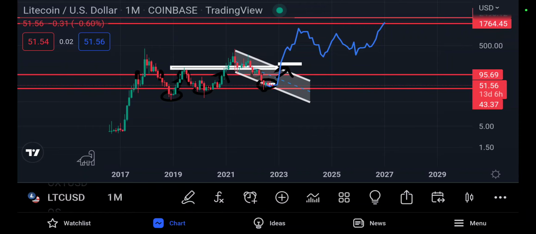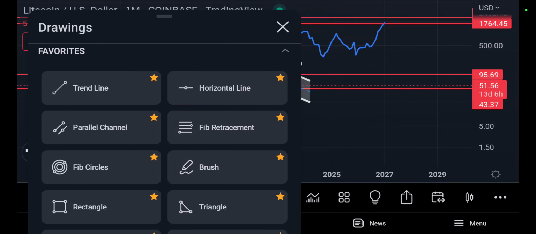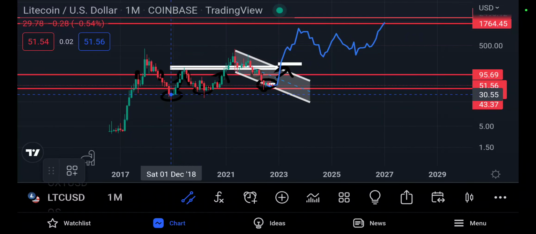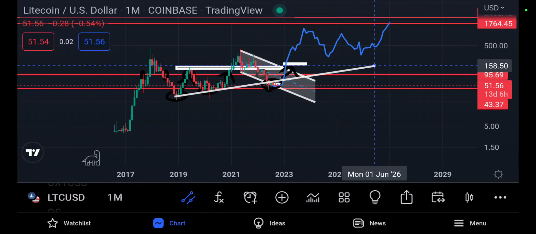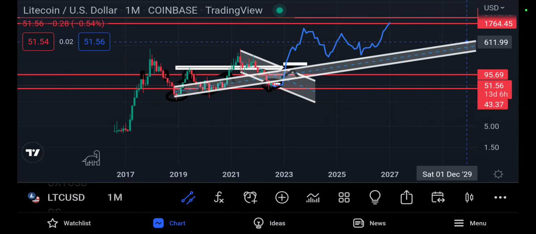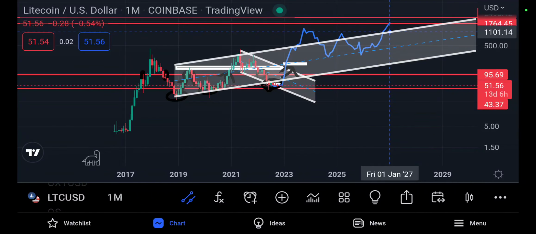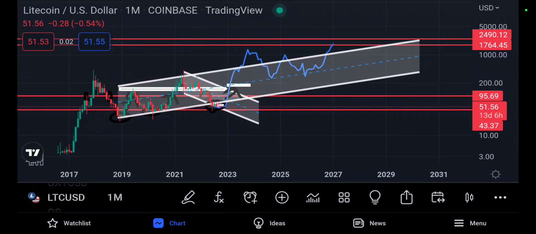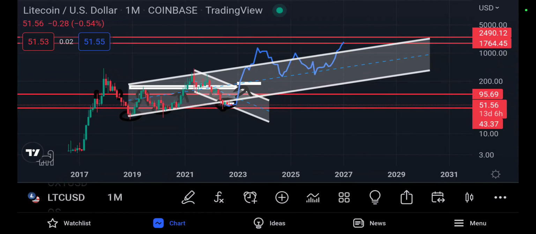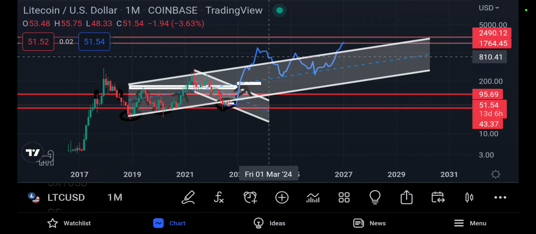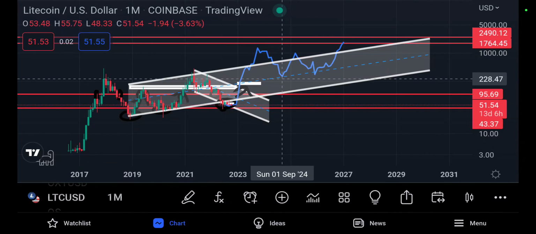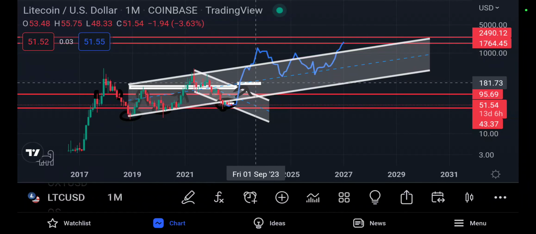But it is playing out perfectly because if I bring back out the parallel channel, however I draw it, it still looks like it's still following it in a way, because even this increase up and this decrease down could just be a test on top of this Fibonacci right here.